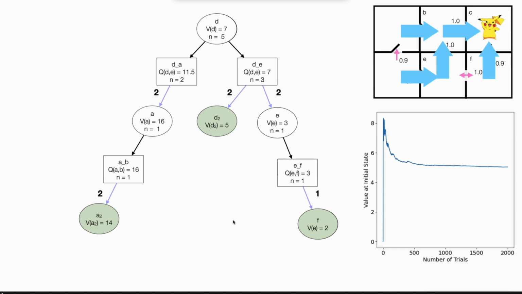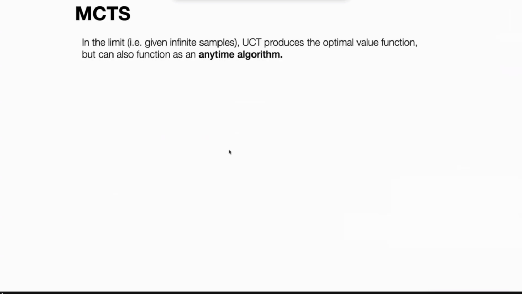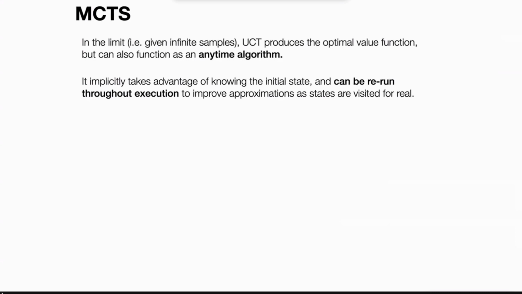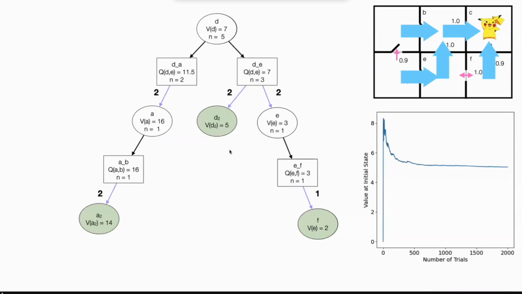What I've shown you with this example is roughly how you build up those values in the tree. Right, I think that's all I wanted to say about that. Any questions on Monte Carlo tree search?